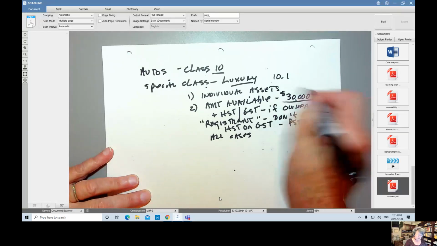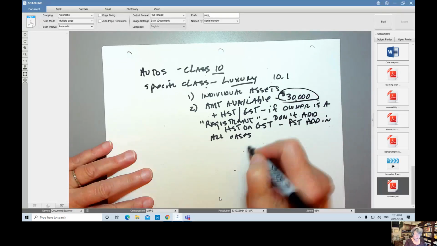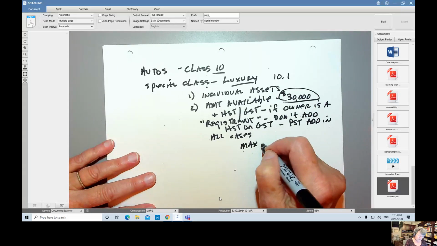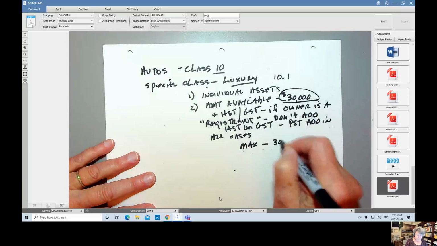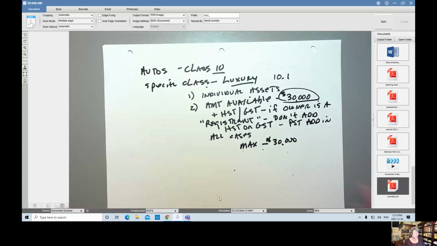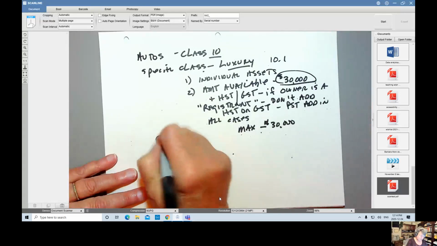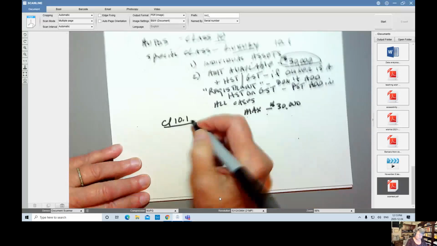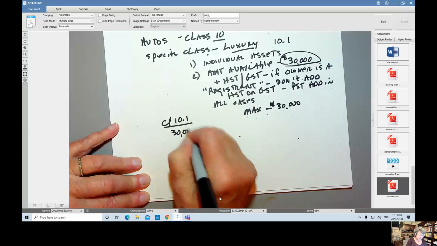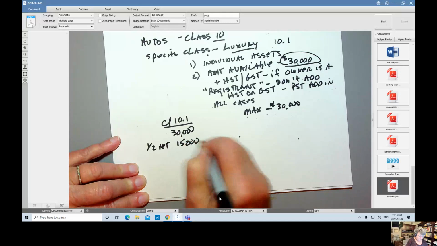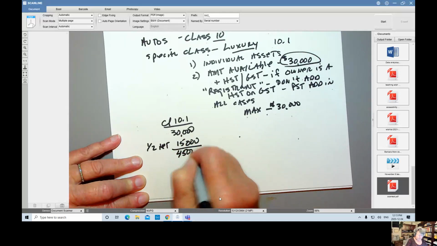So we want to add to the class maximum CCA available, which is the 30,000. Now that is fine, and then you do the normal rules. You've got class 10.1, you would add the 30, you add the 1/2 net, that doesn't go away. So in the first year, you're going to take 30%.